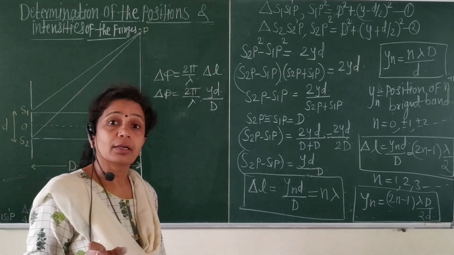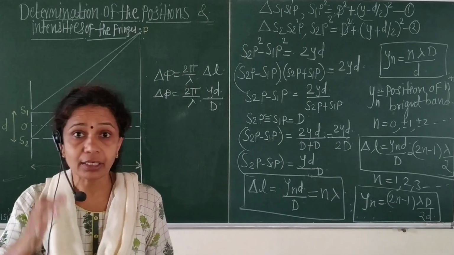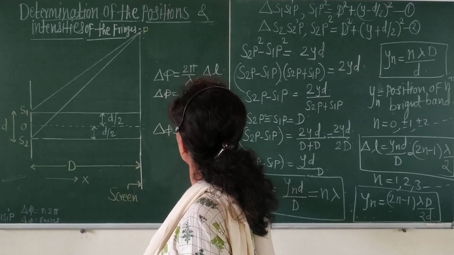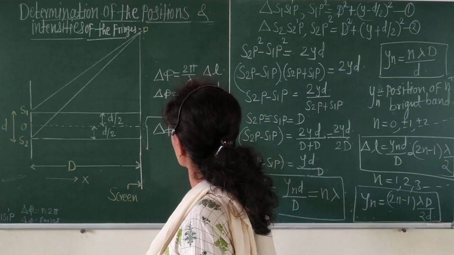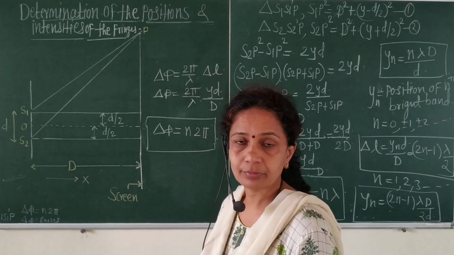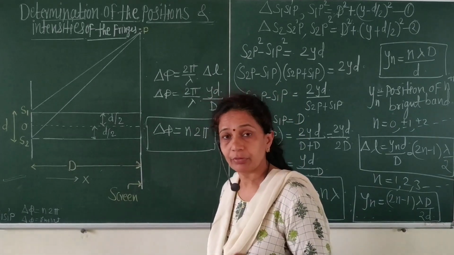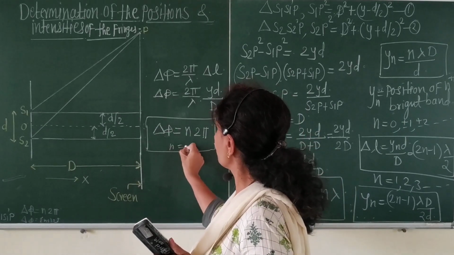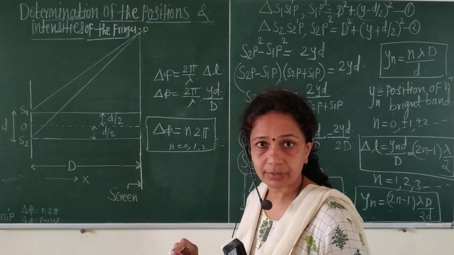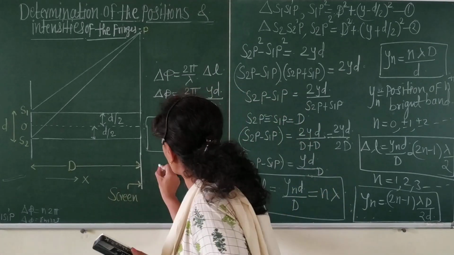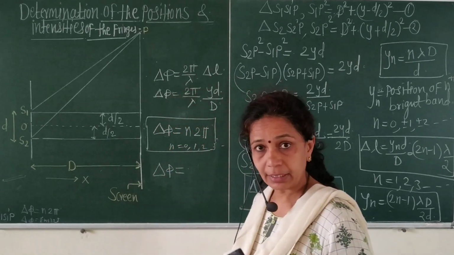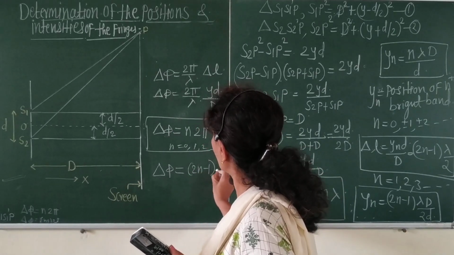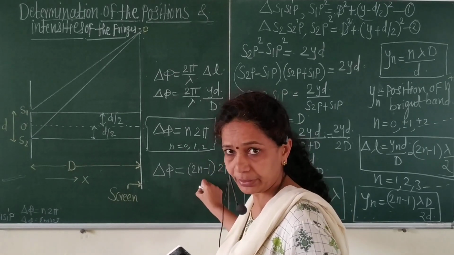Now, the condition for constructive interference pattern in terms of phase difference is del phi is equal to n into 2 pi, where n takes the values 0, 1, 2, and so on. The condition for destructive interference pattern is del phi is equal to (2n minus 1) into pi, an odd multiple.